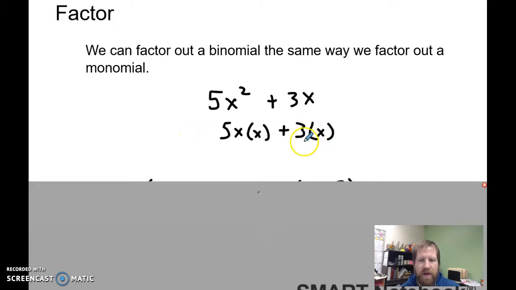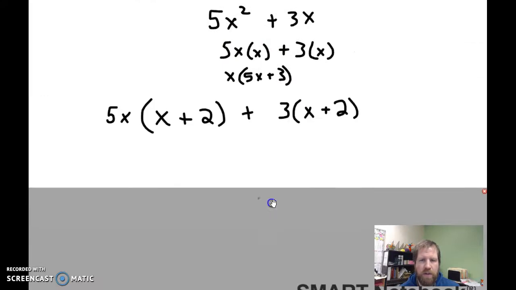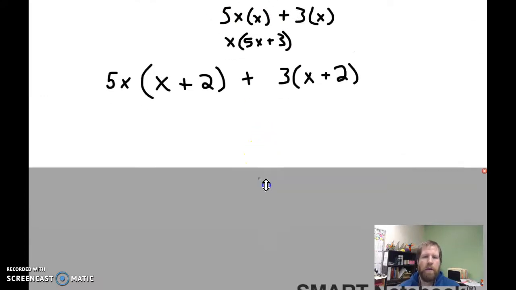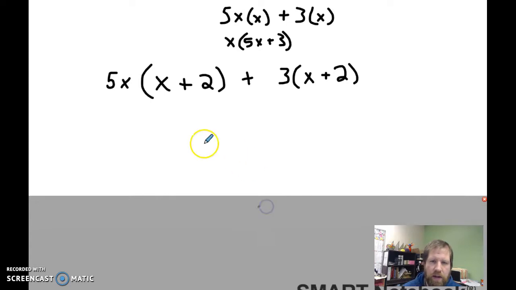Then from there we're pulling the x out of both of those terms to the outside, which leaves us with x times 5x plus 3. Now, when we're doing this with a binomial, we have the same process.